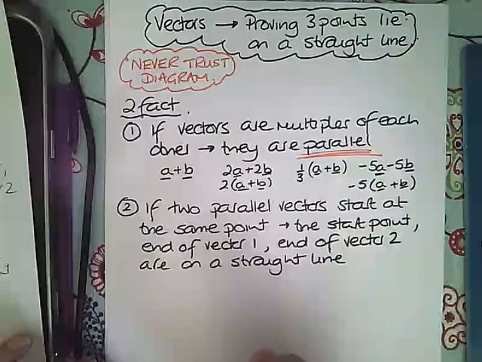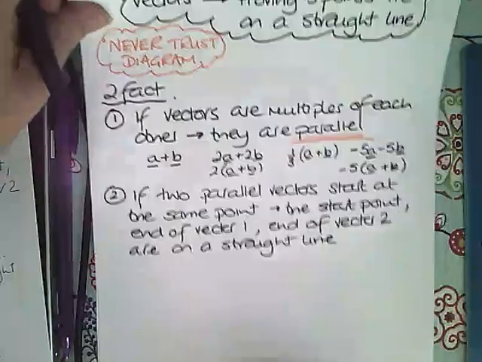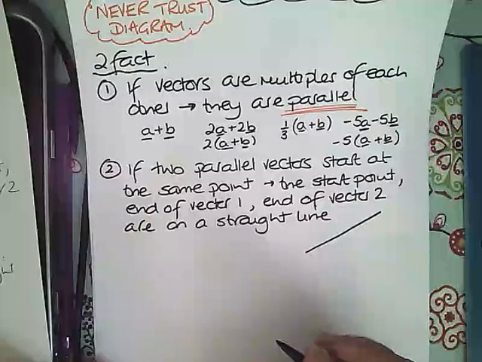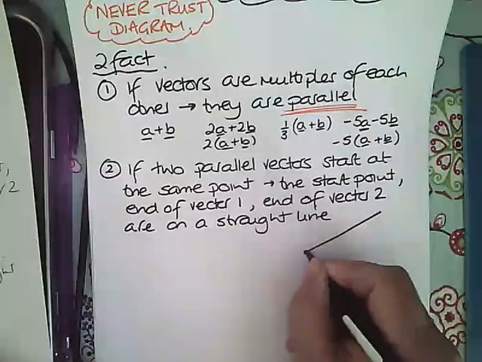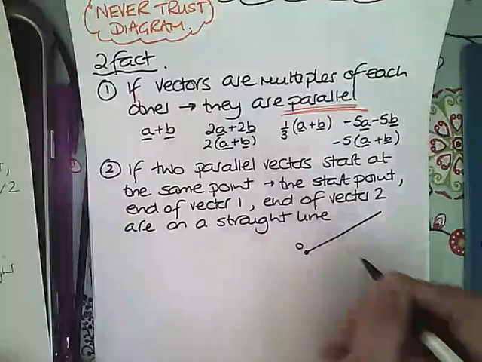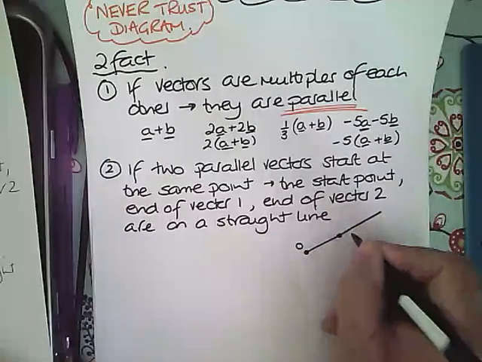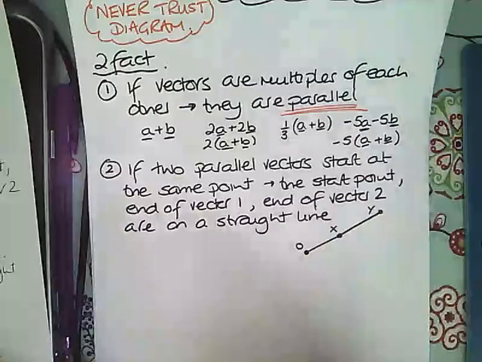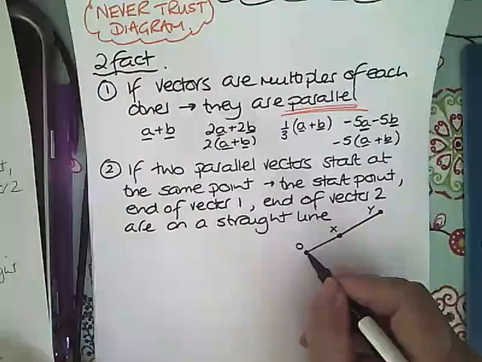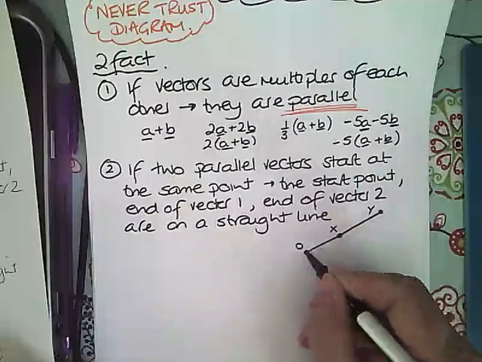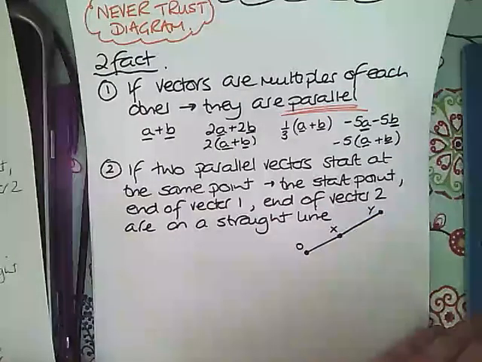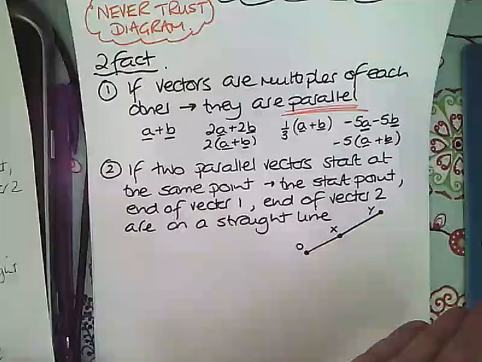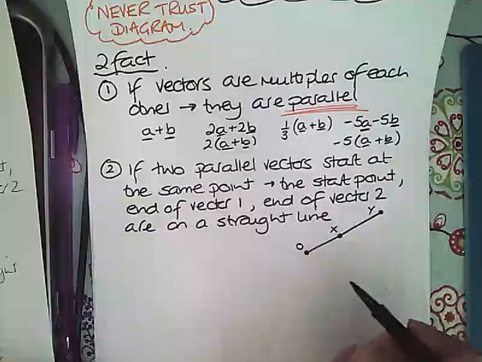And if I show a diagram, that will help you out because it's a bit complicated. So this is a straight line. This I'm going to call O. This point here I'm going to call X, and this point here I'm going to call Y. If OX and OY are parallel to each other, that means they have the same gradient, so I could shift them up and down, and they would still be parallel to one another.